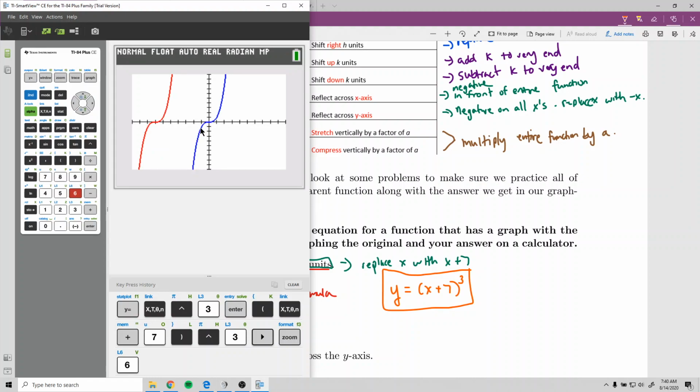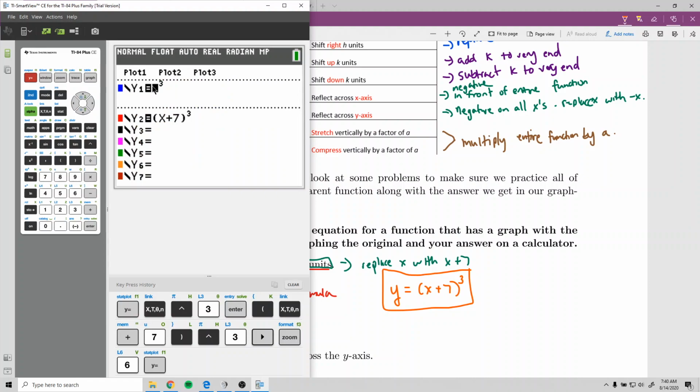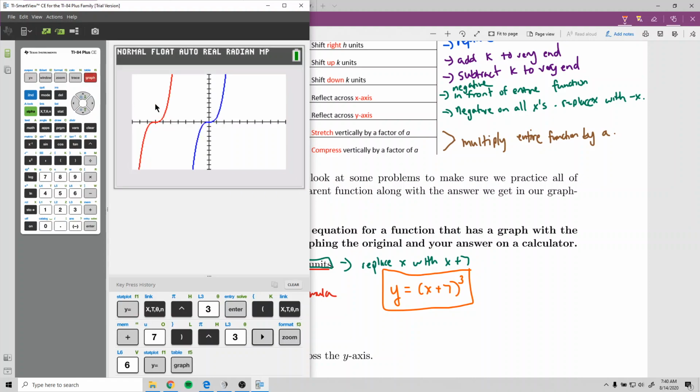So this is y equals x cubed. It graphs it really fast, but y equals x cubed is the blue one. The one we changed is the red one. And you can see we definitely shifted left. It's not moving up or down. And that number that we typed in, the 7, is going to be correct, but if you want to count 1, 2, 3, 4, 5, 6, 7, it did shift left 7 units.